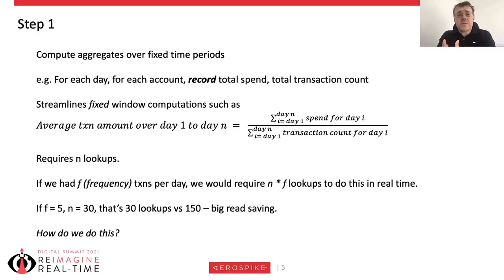All right, so first thing we're going to do, I've said that floating window calculations are not straightforward, and the implication there, ever so slightly, is that fixed window calculations are tractable to a certain extent, certainly easier to address.